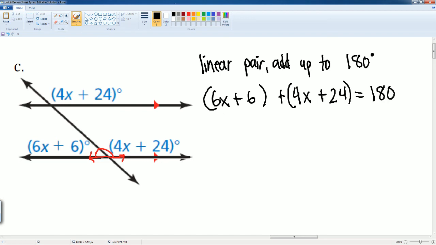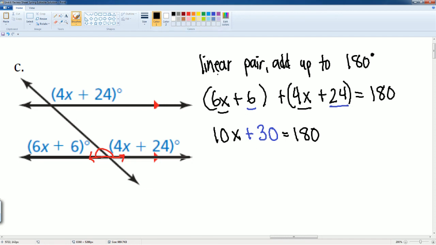So we have a 6x and a 4x that combine to get us 10x. Then you have your 6 and your 24 that combine to get you 30. I just made that in blue so you can see that. Bring everything else down, so that's going to be equal to 180 degrees. I just combined like terms.